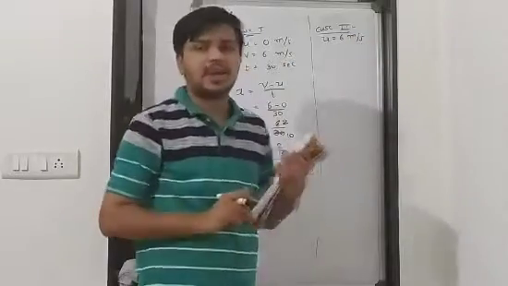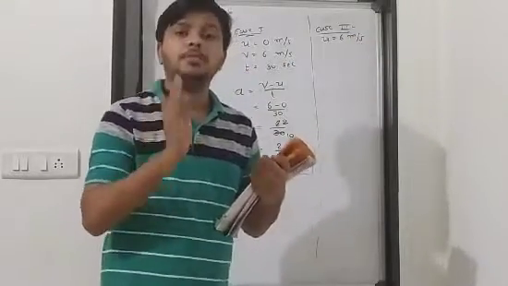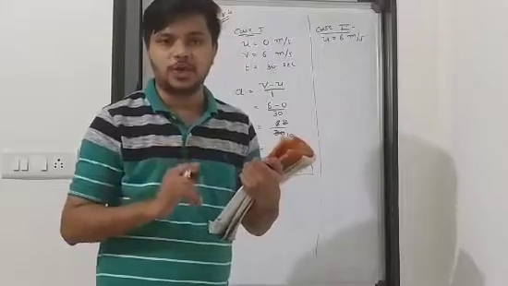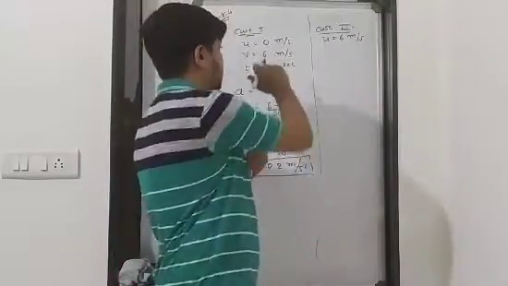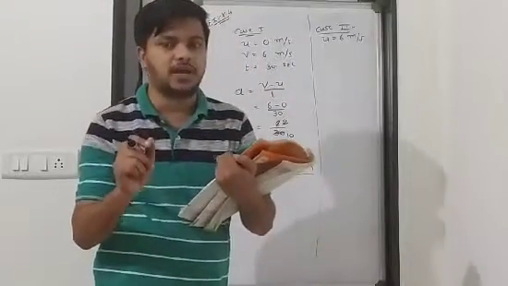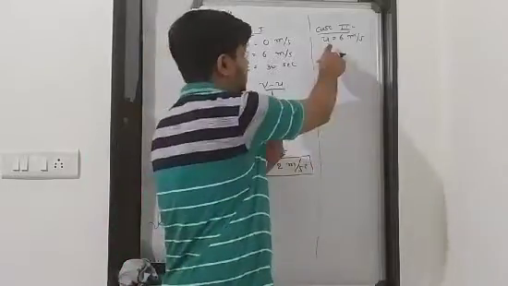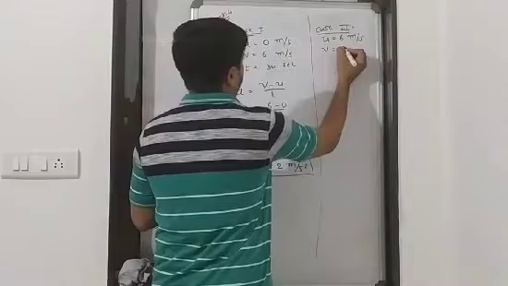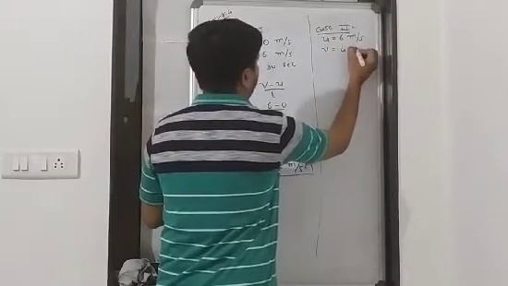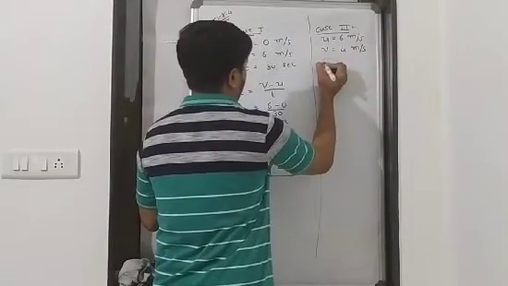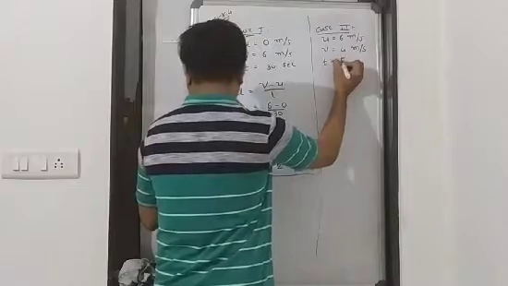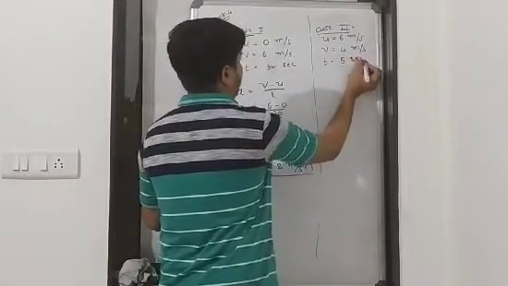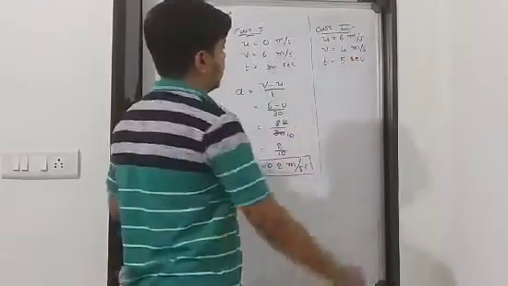Before pedaling, the velocity is 0; after pedaling, the velocity is 6. But when he applies the brake, before the brakes the velocity is 6, and after the brake the velocity is 4 meters per second. The time is 5 seconds.